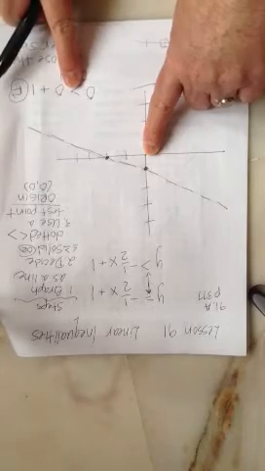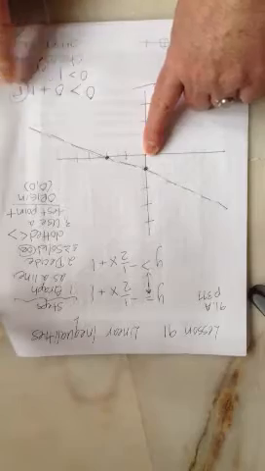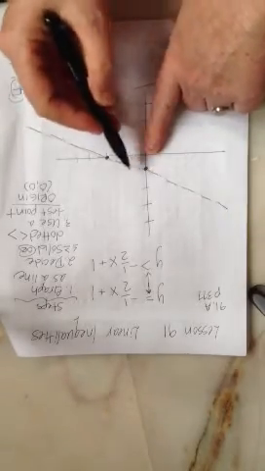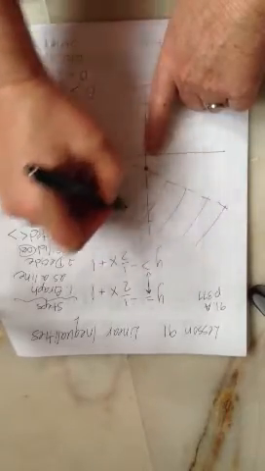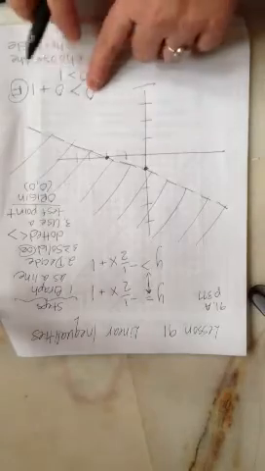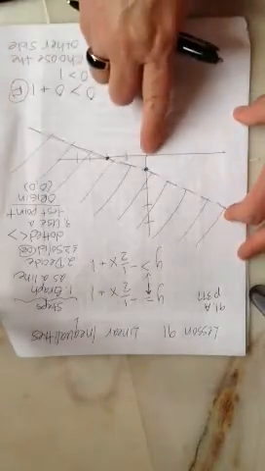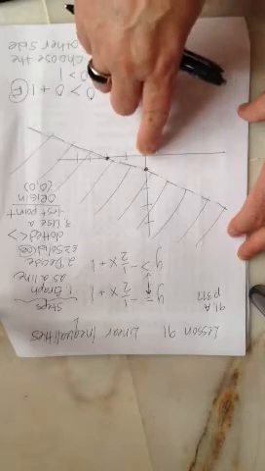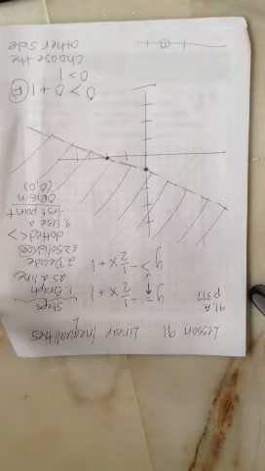If we use the origin as a test point for our inequality, we find that it's false. So the set of points that are an accurate solution are the ones on the other side of the line. If the test point would have proven itself to be true, then we would have chosen this side of the line because the test point, the origin, was true, so that means it was part of the solution. Does that make sense? Sort of, kind of?